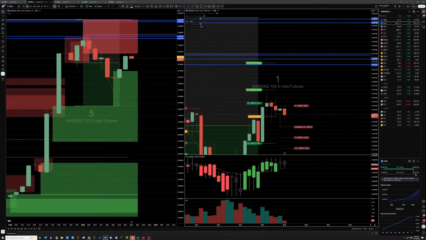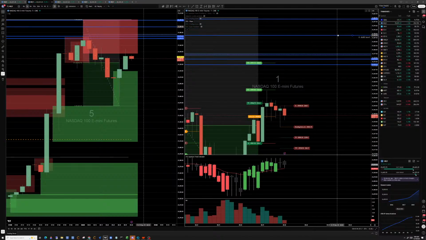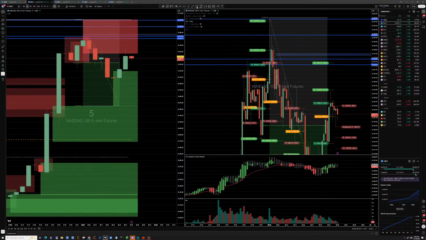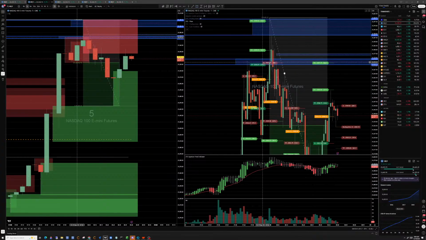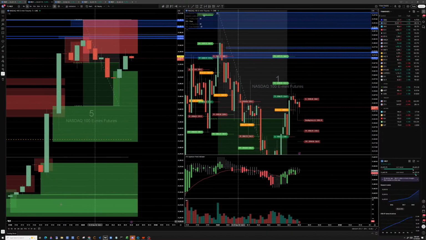I don't even know if it's worth looking at this or not. 89.25. Okay, these two areas right here, look at them as zones, selling zones. These are the last two areas. I already looked at areas leading up to that. So yeah, so that's that.